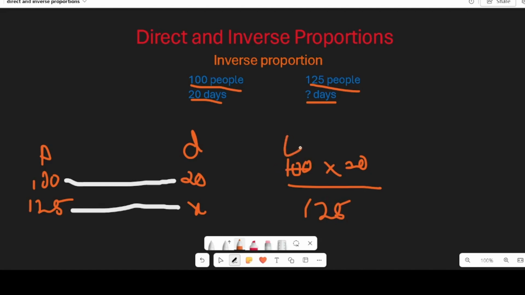So 25 fours are 100, 25 fives are 125, 5 fours are 20, and 4 into 4 is 16 days. There, very simple. It's almost the same as what we just did before, except it's more used. This is how I always solve my problems, and it takes me very little time.